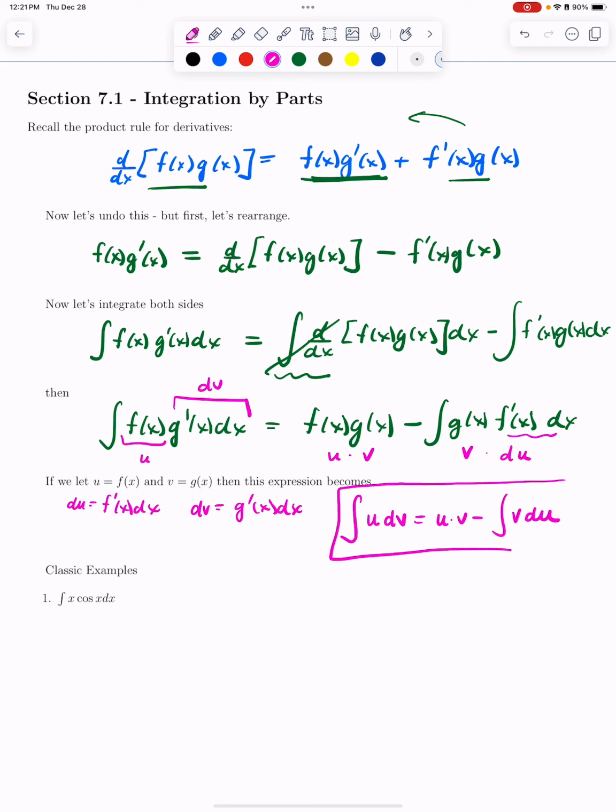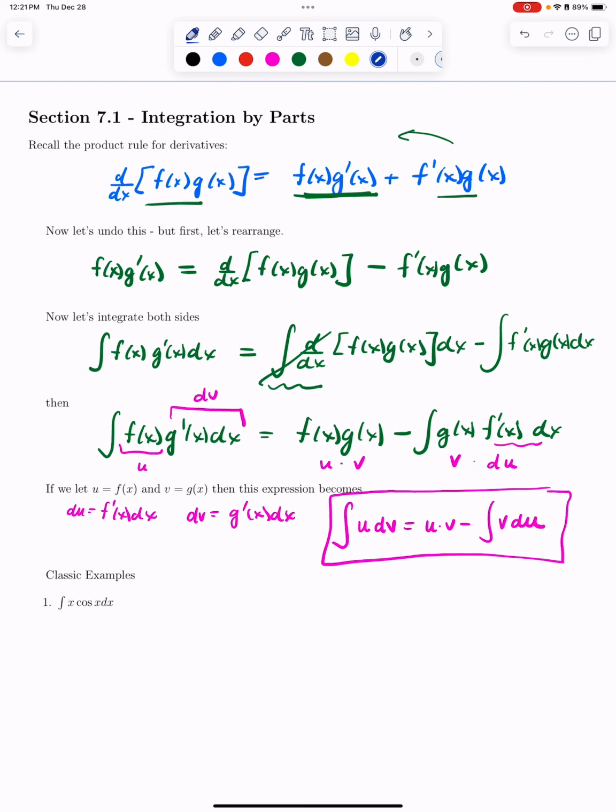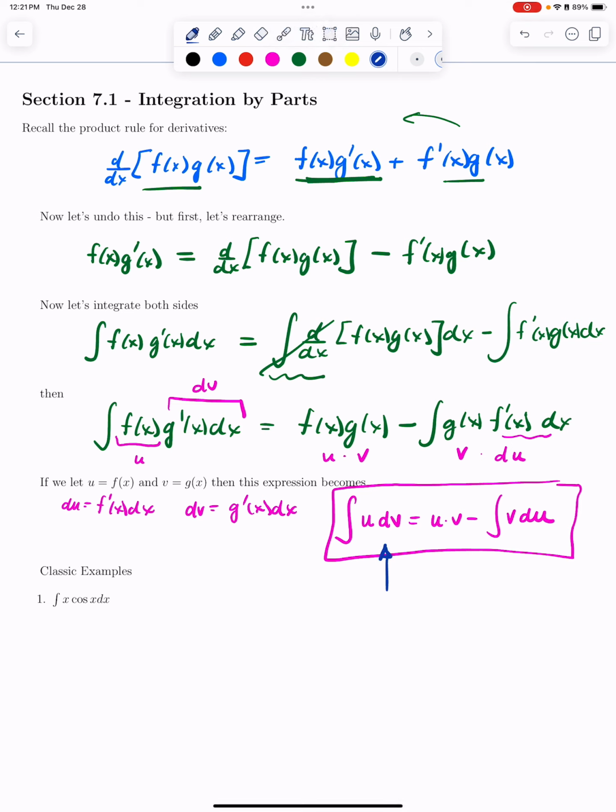And maybe you're like, so what did we just do there? Well, in essence, this is our integral, and we don't see an easy antiderivative for that. So what we do is take part of it and name it u, and then the rest of that integral as dv.